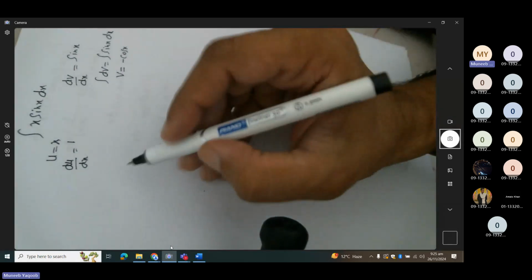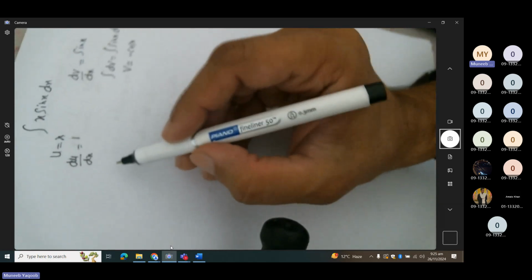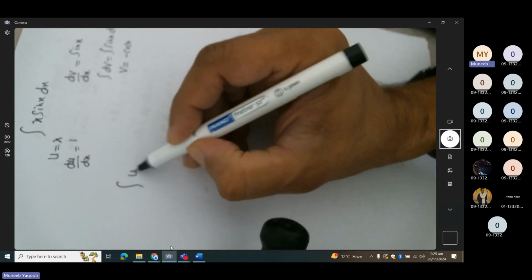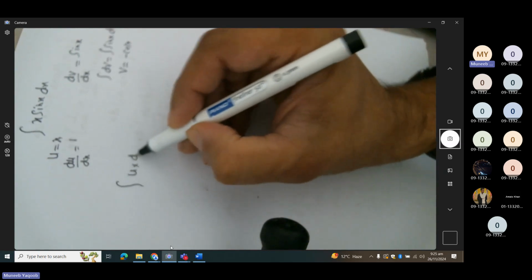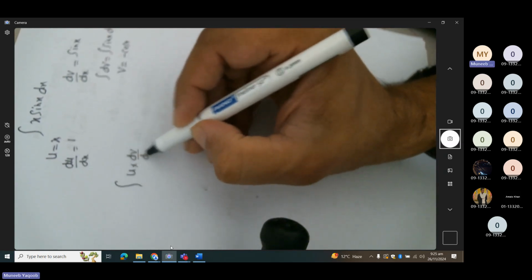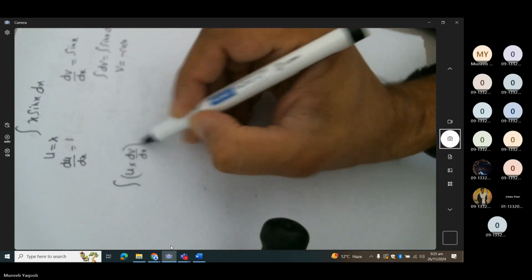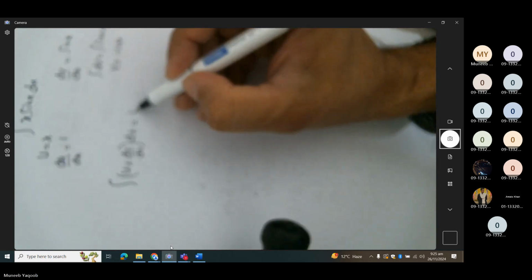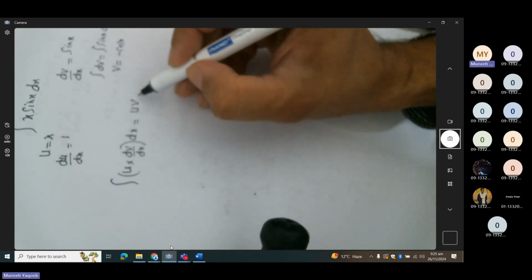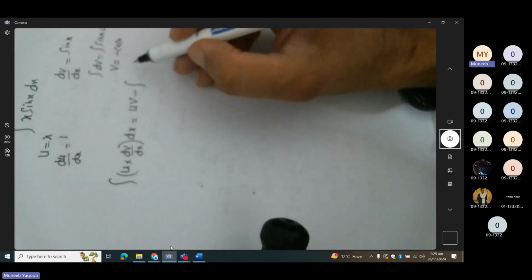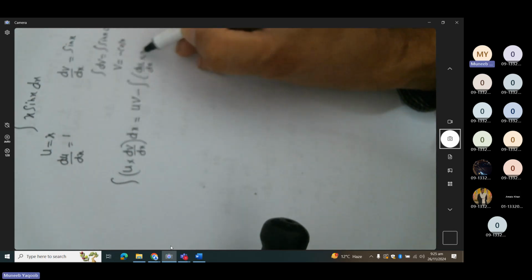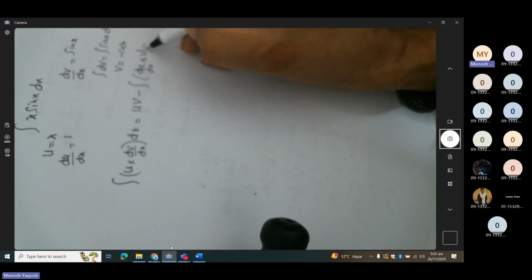Now we will use the formula for integration by parts, that is, integral of u multiplied by dv by dx is equal to u into v minus integral of du by dx multiplied by v dx.